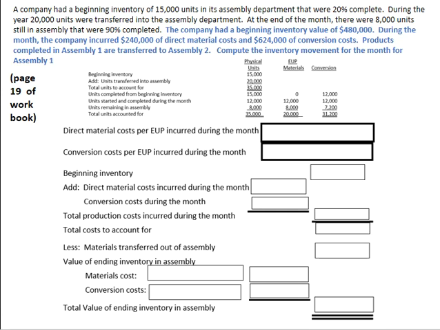Now, if you turn to page 19 of your workbook, we're going to talk about how we combine calculating equivalent units of production along with cost to calculate the movement of basically products through process costing. Remember, in the case of job order costing, we were able to assign cost to jobs and move them through work in process into finished goods that way.